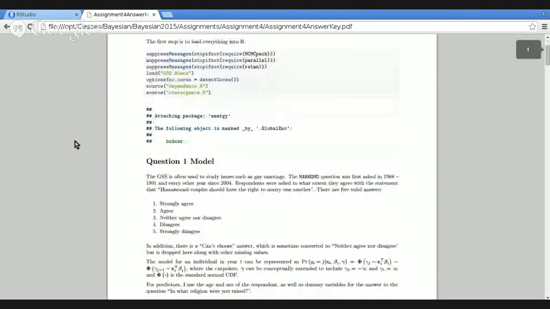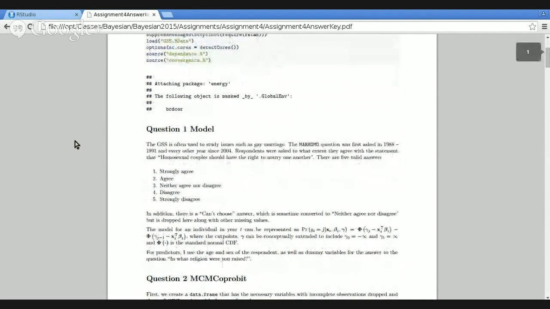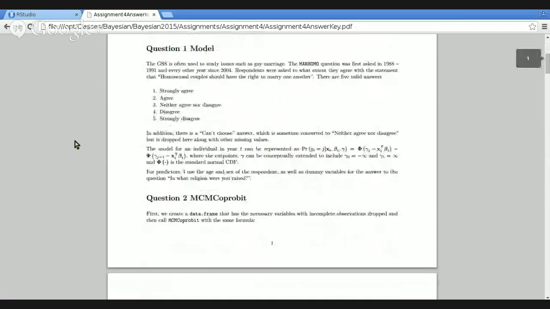First step, loading everything that you need into R, and different people could choose different models. I chose one for support for gay marriage. And so there's 5 ordinal answers: strongly agree, agree, neither agree nor disagree, disagree, strongly disagree. And one thing about it, just to preview some of the missing data stuff that we'll talk about next week, questions like these are going to have a lot of people who don't answer in those 5 categories.